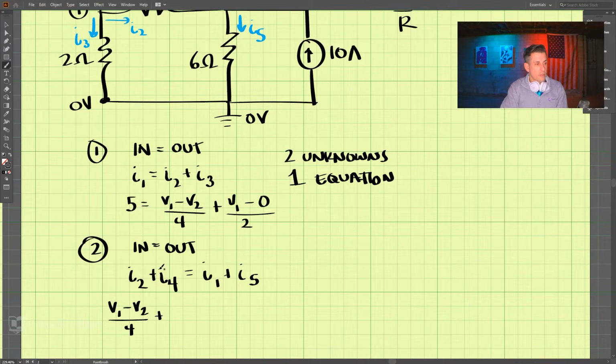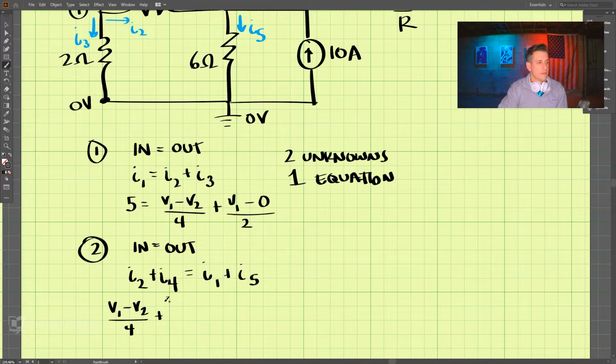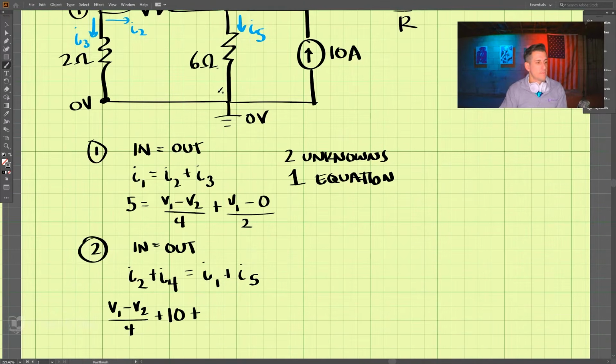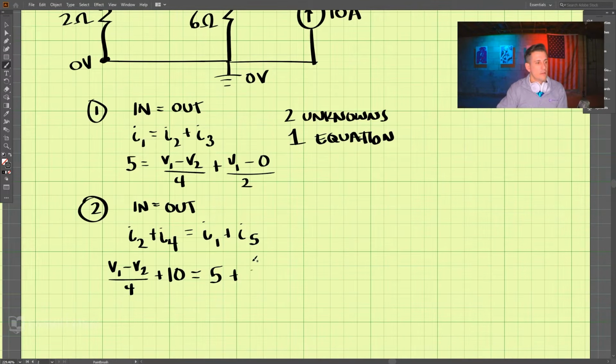And I4 is 10 amps. I1 is 5 amps. This should be equals 5 amps plus I5. And I5 here is V2 minus 0 divided by 6. So that is just V2 over 6.